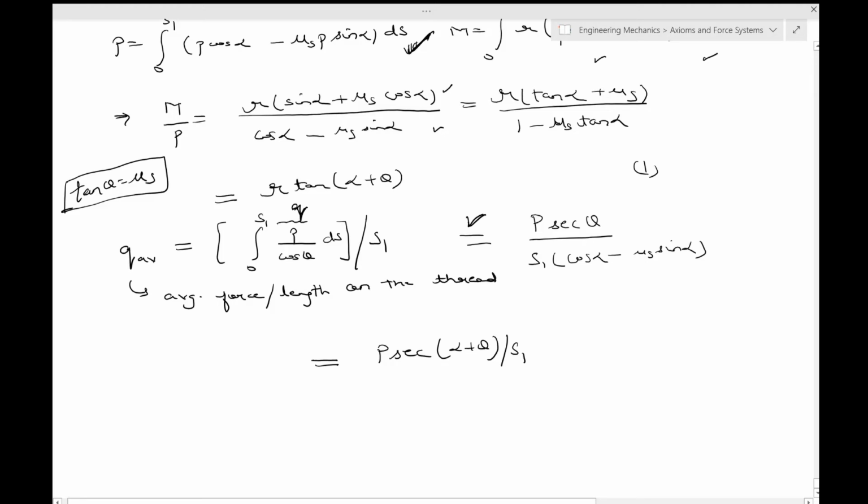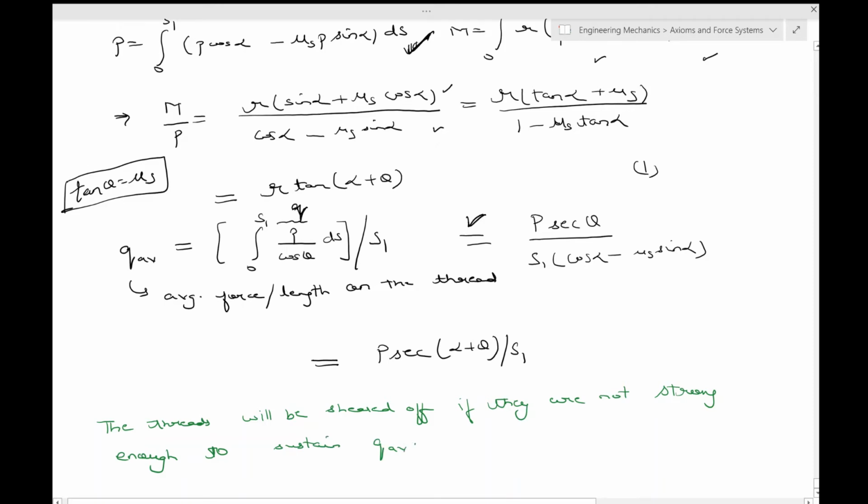So here we can say that the threads will be sheared off if they are not strong enough to sustain Q average.